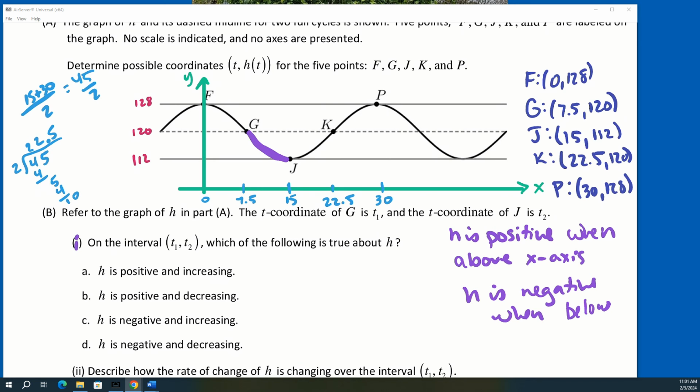So this is definitely graphed above the x-axis. So H is going to be positive. Would you say H is increasing or decreasing in that little section? Decreasing, because H is falling from left to right, or there's a negative slope.